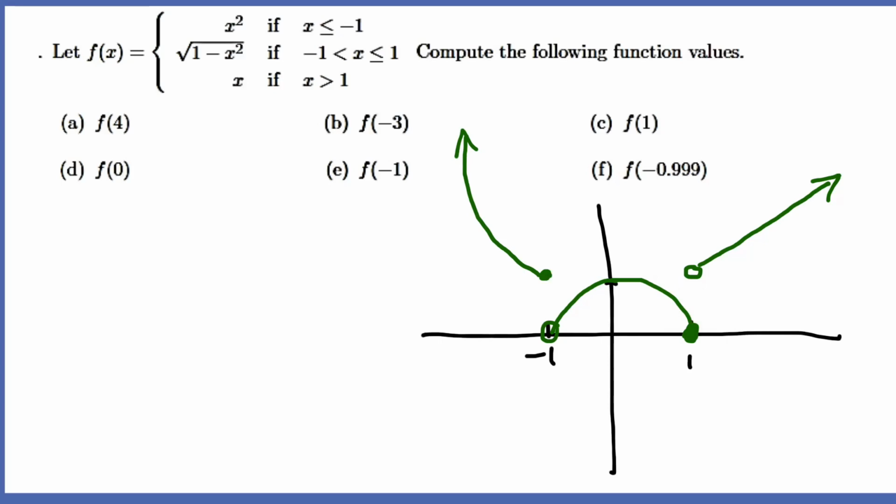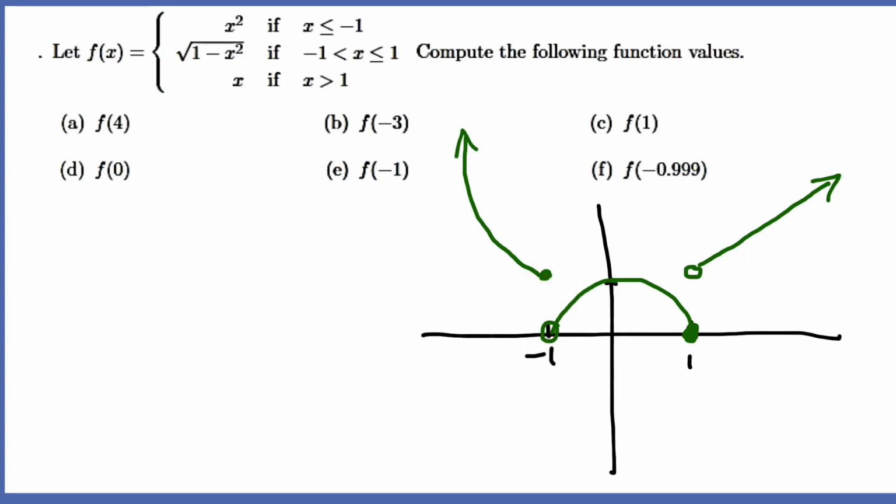Okay? And then if you're greater than 1, f of x is simply equal to x, or y is equal to x, which is a line with the slope 1 over 1. Okay, so that's this kind of a line right here. And that resides when x is greater than 1. Okay, so notice that at the transition places of -1 and +1, you've only got one filled in dot.